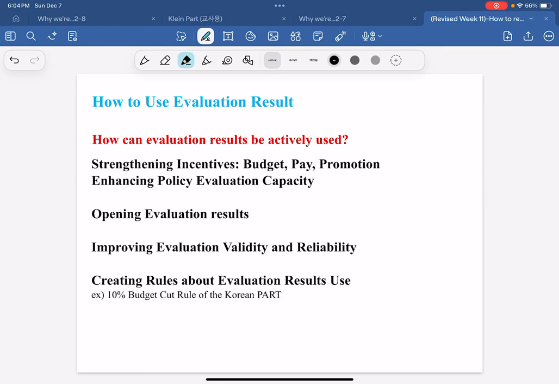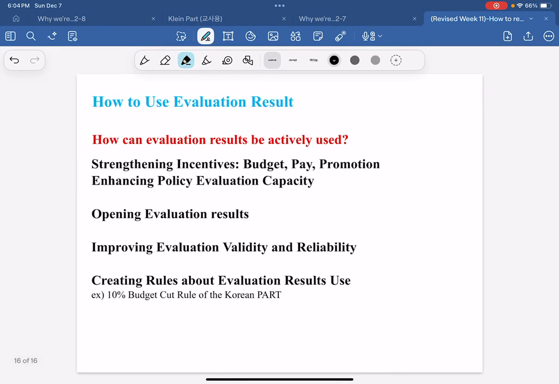But it produced a lot of side effects because of fabrication, manipulation, and biases. And at this point, these mandatory rules to activate evaluation result use have been eliminated.